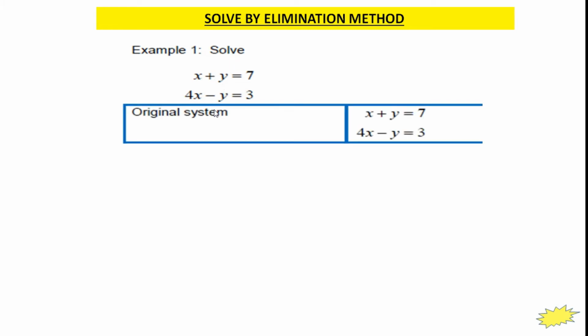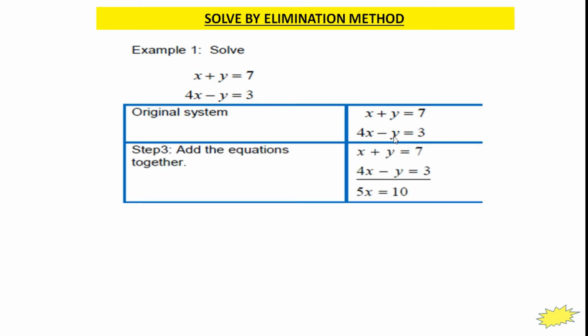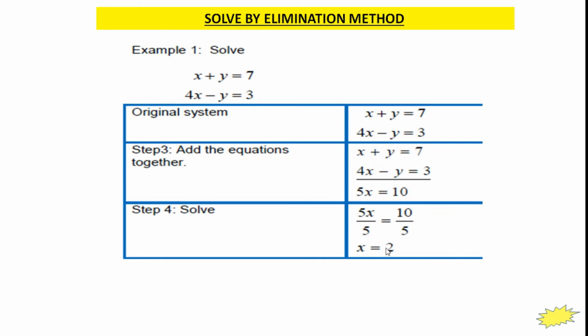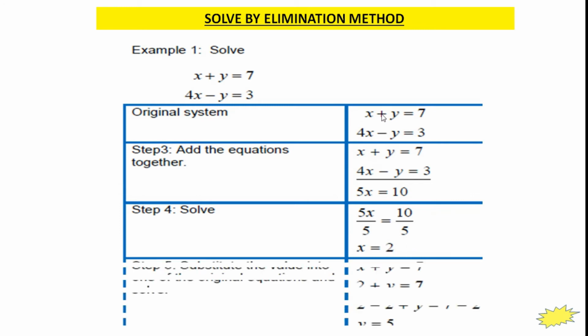So when that happens, the original system of equations is this. We simply add these equations. We add the equations if the signs are different. So they get cancelled and we get 5x equal to 10. x becomes 2. Once we get the value of x, we put it back in any of the equations. Let's say we put it here and we get y equal to 5. So the solution becomes 5 comma 2.